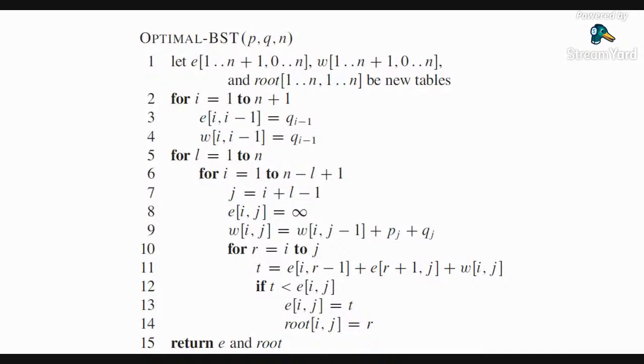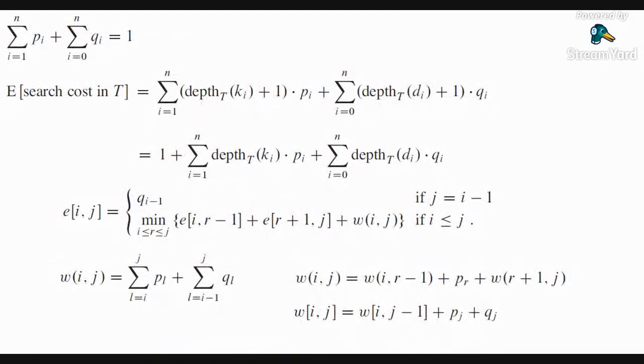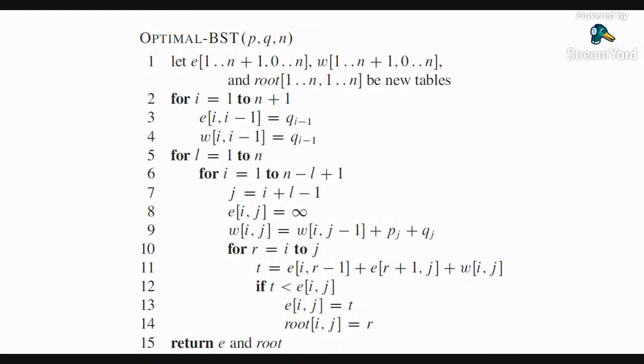Now what I need to do is find the value of r. And what is our expression? Our expression is this. Eij is equal to the minimum over r such that this complete expression is minimized. Now see, r is ranging from i to j. So I compute t. t is equal to e i r minus 1, plus e r plus 1 j, plus Wij.